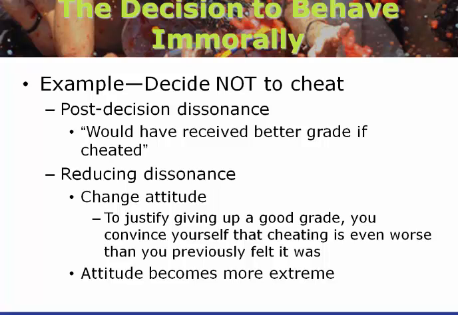However, if you were in a situation where you were not prepared, you might fail a test. And then you say, well, I could have passed the test if I had cheated. So that's a negative aspect to my decision not to cheat. Okay? This is post-decision dissonance, where we start to question our decisions.